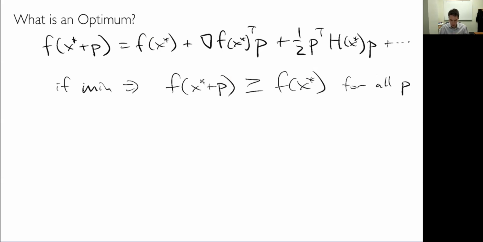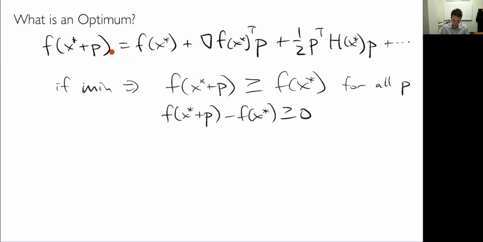That would also mean that, for example, f of x star plus p minus f of x star, let's just move everything to the other side, is greater than or equal to 0. I just move things over. So we could do the same thing here. I'm going to move this over. Then if I move this over, that's equal to this, and that's then equal to this side. So I'm saying this whole thing here now has to be greater than or equal to 0. So I didn't write all that out, so I'm just going to do it again.